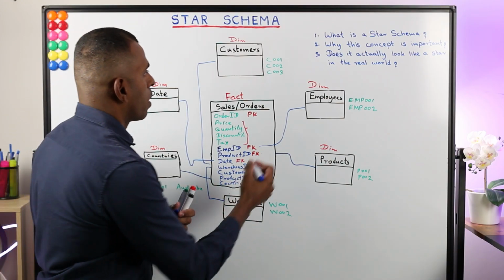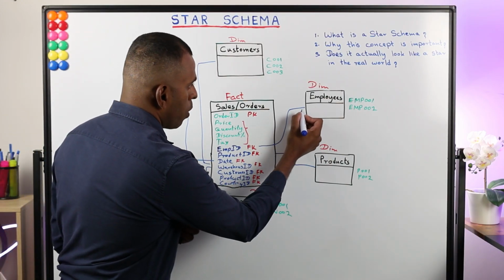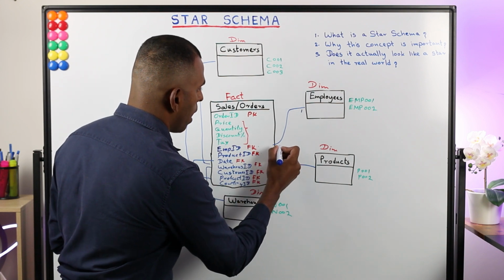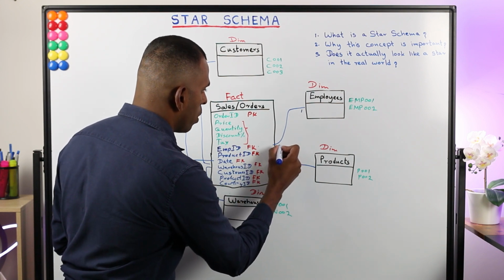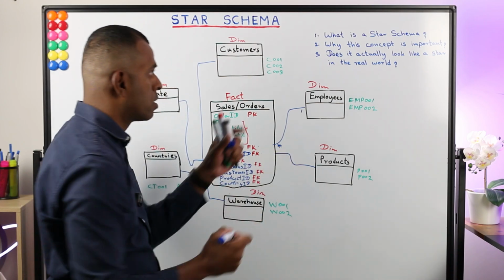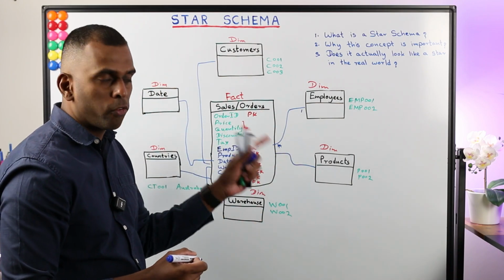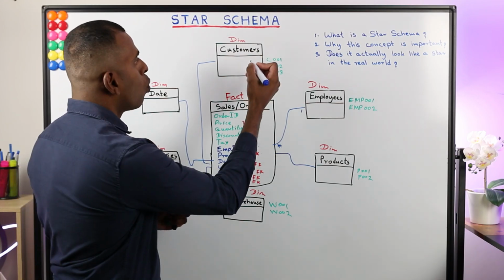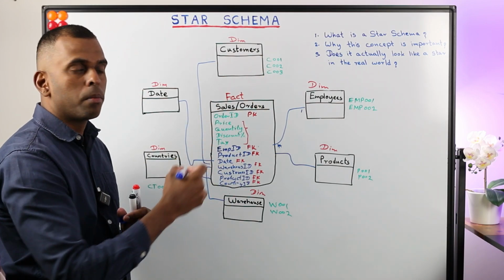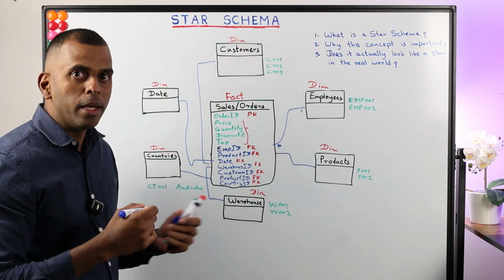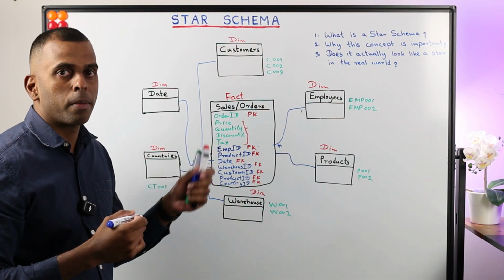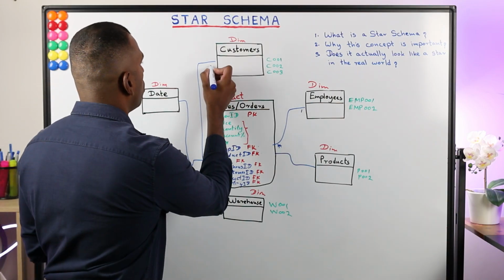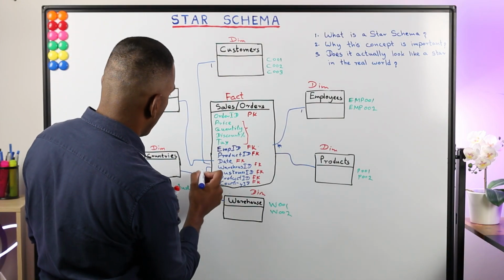So one employee can handle more than one sales orders. This employee means a sales rep, right? One customer can buy many times, like one customer can have more than one invoices, one to many.